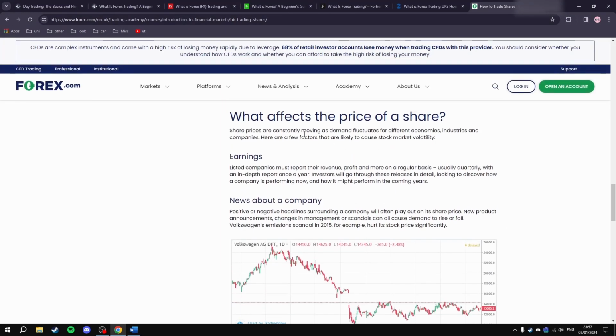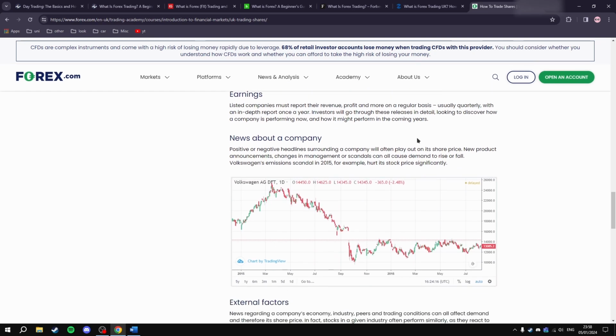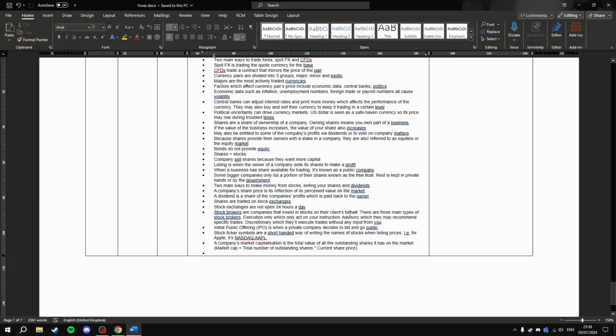What affects the price of a share? Share prices are constantly moving as demand fluctuates for different economies, industries and companies. Here are a few factors that contribute to stock market volatility.